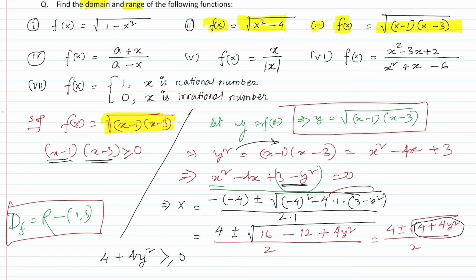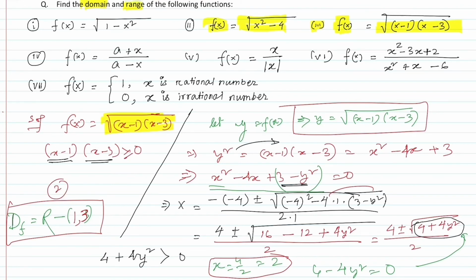But here it will be only greater than 0, because if 4 minus 4y square is equal to 0, then putting 0 there, x will be equal to 4 divided by 2, that is 2. And we have seen that this domain doesn't contain 2.